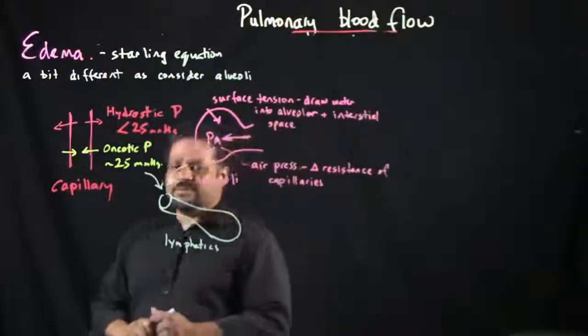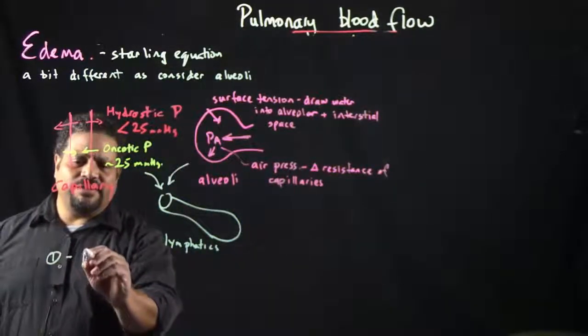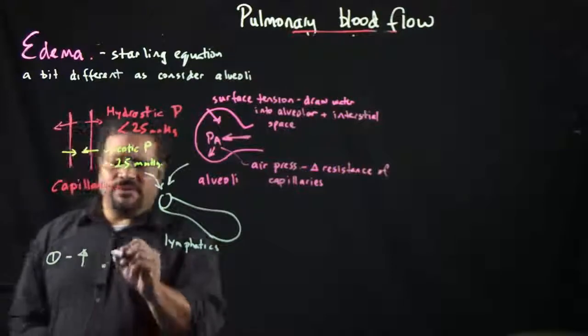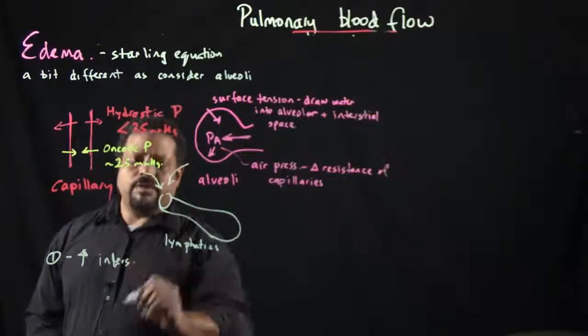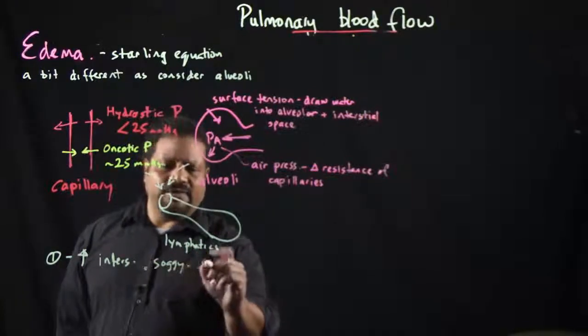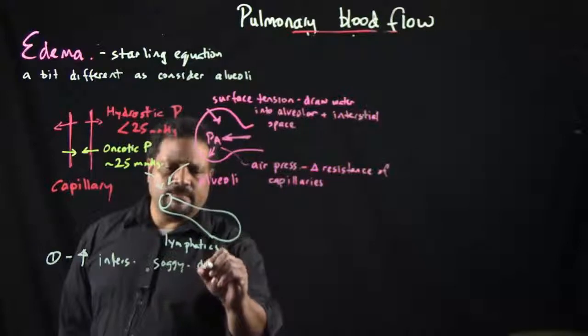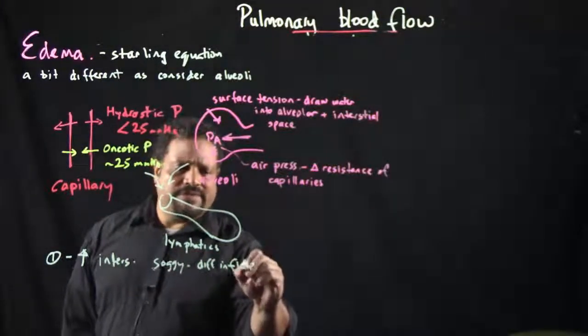When we have edema for any of these conditions, first we're going to have an increase in fluid in the interstitial space. That's going to make the lung soggy and difficult to inflate.